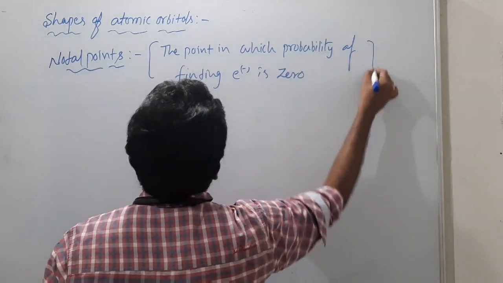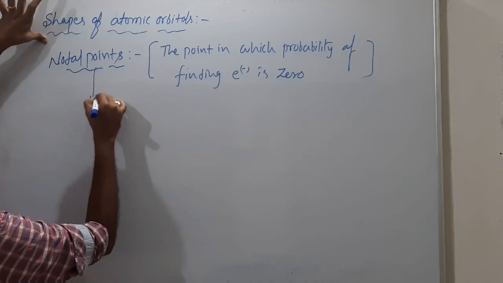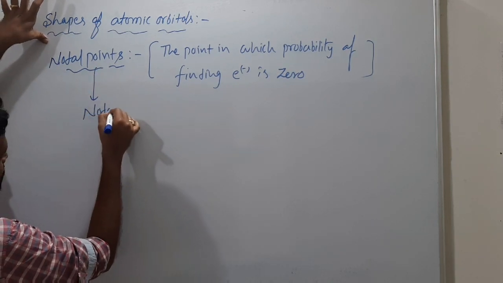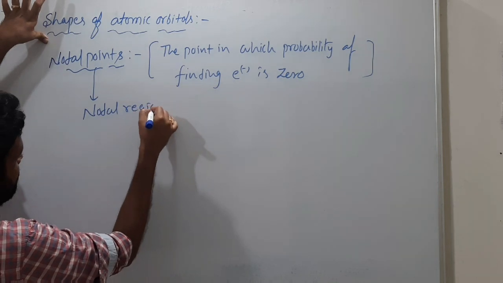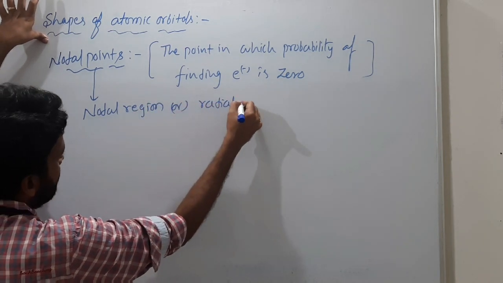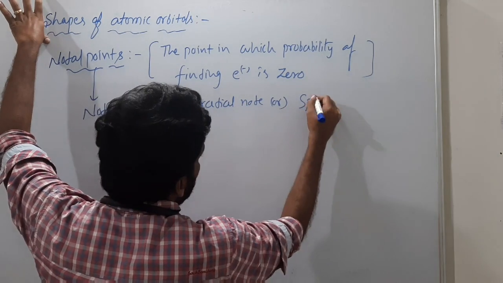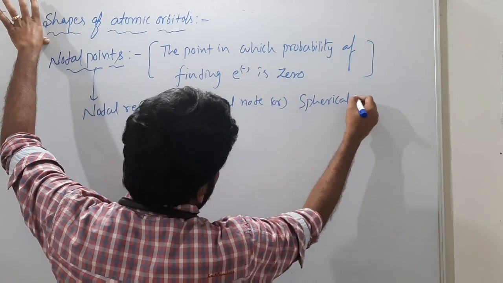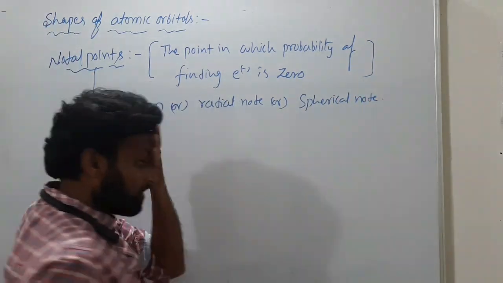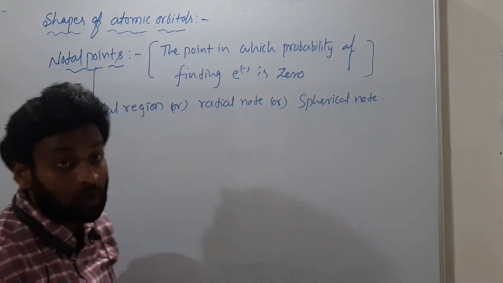That is called a nodal point. So the nodal point has other names, that is nodal region, or radial node, or else we call it a spherical node actually. So these are the three names you have for nodal point.